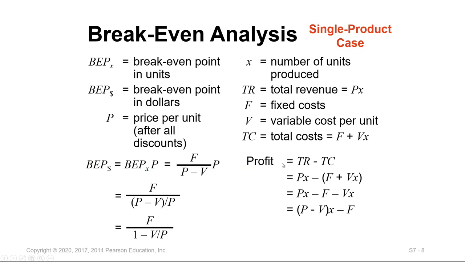With algebra also, we can find the break-even point in dollars, which will equal the fixed cost divided by 1 minus variable cost divided by the price per unit.